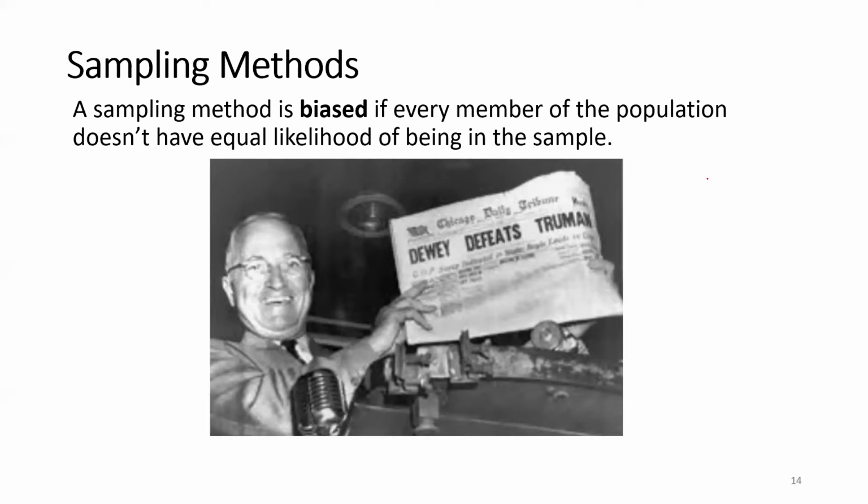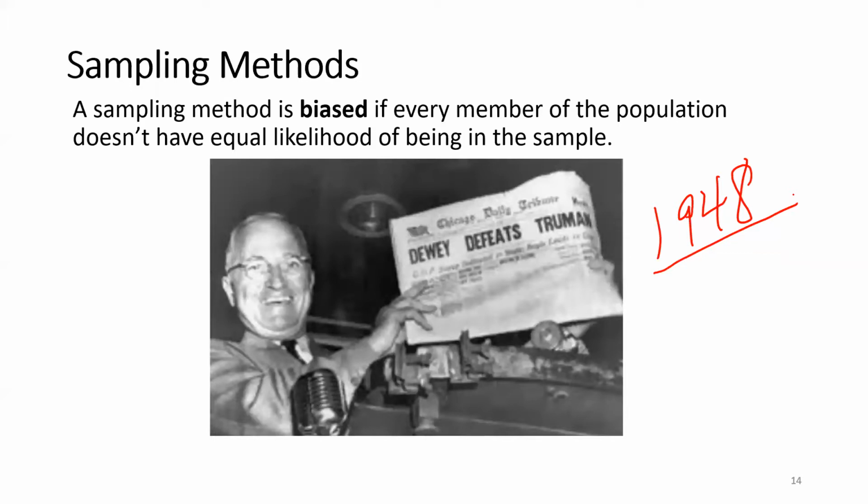Now, a real key thing in statistics is being able to choose a sampling method that is not biased. A sampling method is biased if every member of the population doesn't have equal likelihood of being in the sample. Now, this picture is from a 1948 newspaper in which Harry Truman, shown here, had been predicted by a newspaper poll to lose, with Dewey defeating Truman.